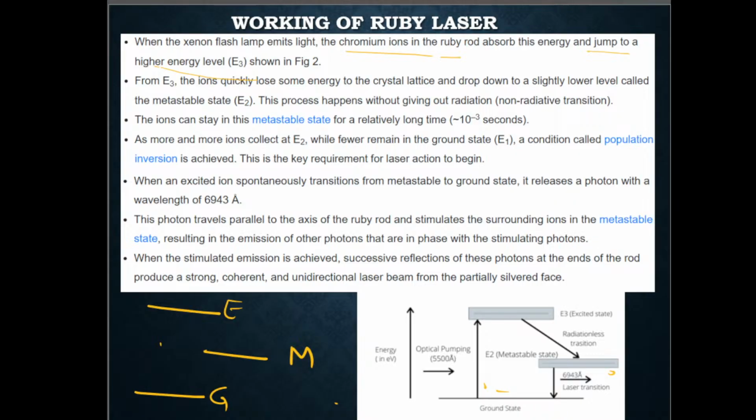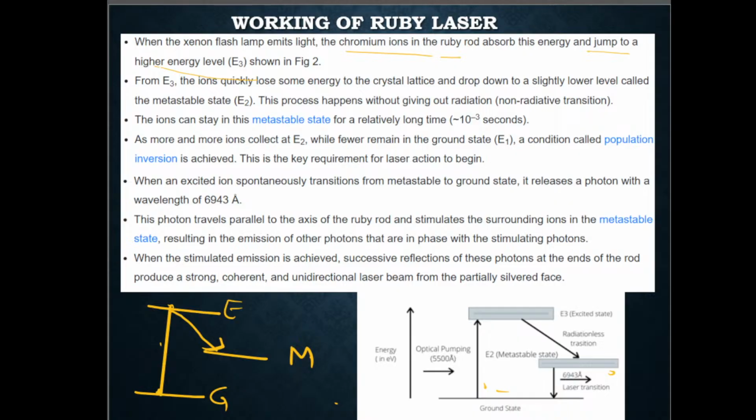And you have to say, whenever the xenon lamp is on, at that time the ground state chromium atom, that is important, absorbs energy and transits to the excited state E3. Then it quickly transits from the excited state to the metastable state E2.